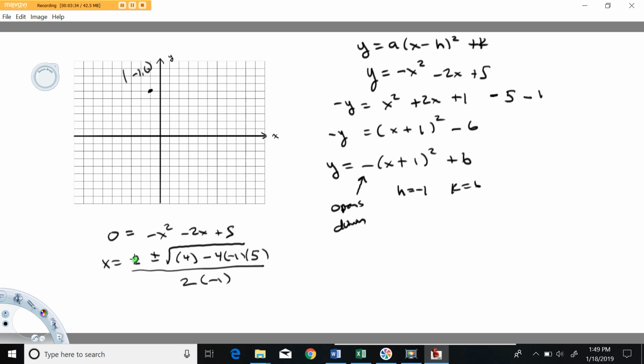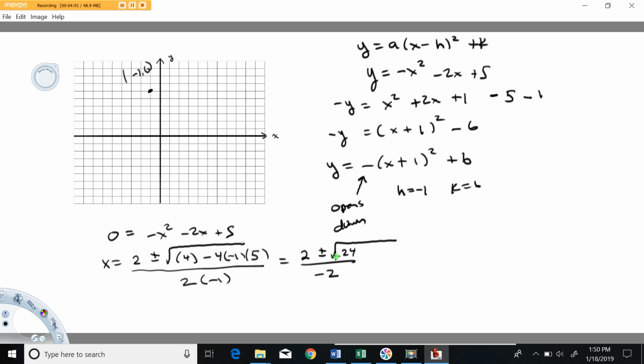So opposite of b would be 2, plus or minus the square root of, negative 2 squared would be 4, minus 4 times a times c, and then all over twice a. Okay, so we've got 2 plus or minus the square root of, these are going to multiply to 20, plus 4 is 24, and then over negative 2.